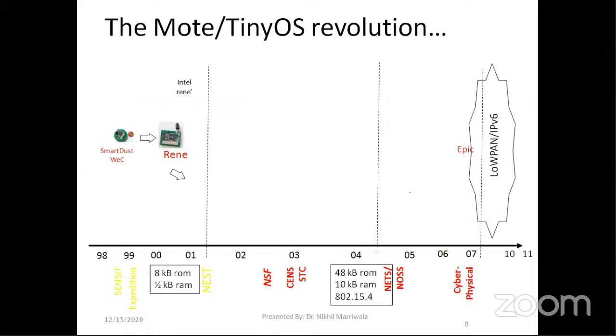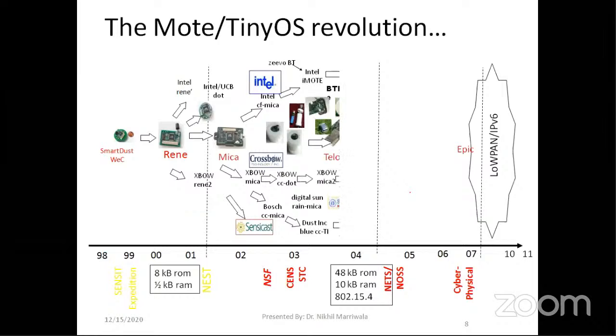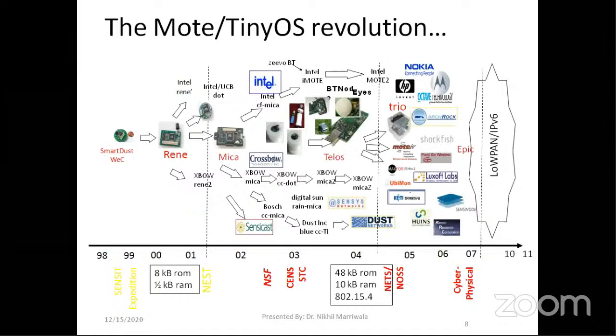So have a look, the Mote or TinyOS revolution, right? Have a look over this. I hope you have seen certain things in this slide. It took me a while to put all these things together, but have a look at what has been mentioned. If you see, we have a smart dust sensor over here, a Rene sensor, Intel Rene or Intel USB dot. We have a mica over here, Intel CF mica being utilized, Intel iMote being utilized.